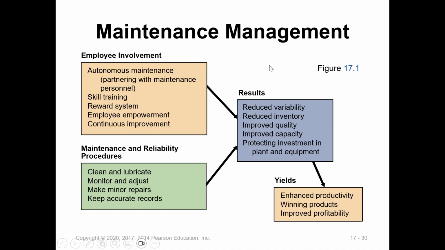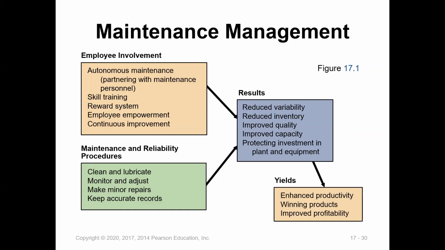Of course, maintenance management: clean and lubricate, usually for a mechanical system. You have different systems, you have mechanical systems, you have electronic systems. Monitor and adjust, keep accurate records.